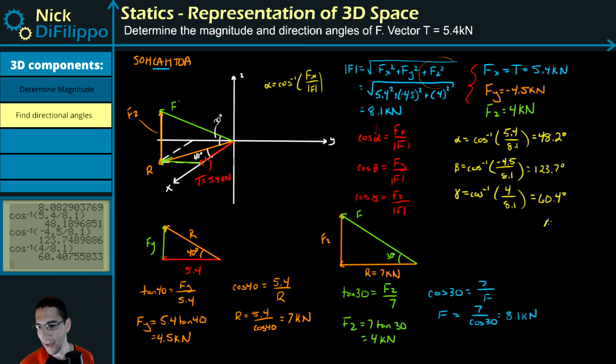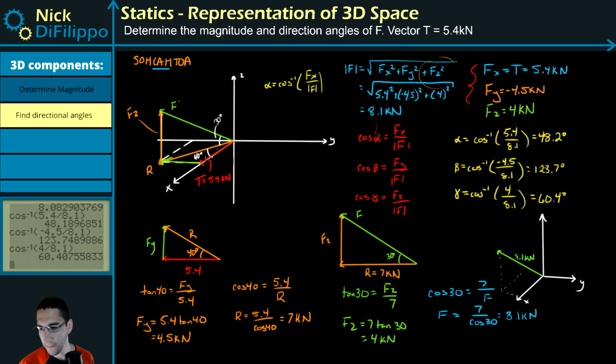So what does this mean? This means if I have, let me draw this final vector. If I have this vector right here, and this is my x, this is my y, so my vector is somewhere over here. The length is 8.1 kilonewtons. Now, this is somewhere in this part of the coordinate system.